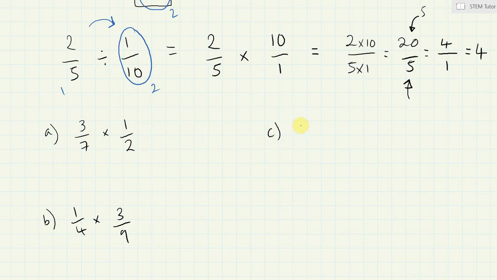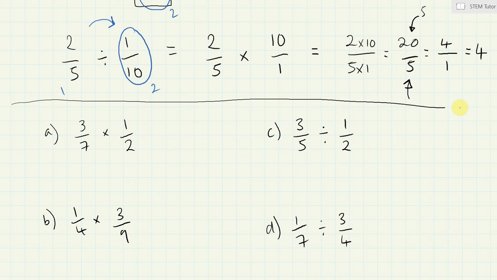C, 3 over 5 divided by 1 over 2. And D can be 1 over 7 divided by 3 over 4. Okay, if you'd like to pause the video now and give yourself some time to do these questions, and then unpause the video and we'll go through the answers.